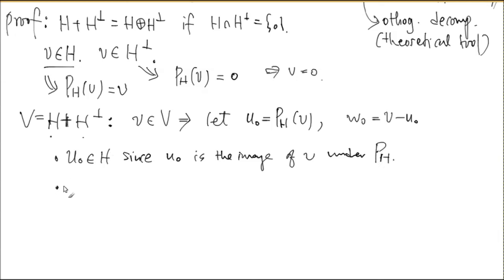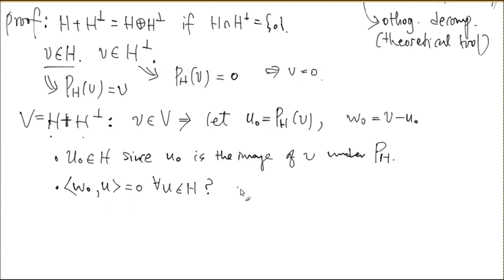How about the other one? Why is this W0 in H perp? If it came from H perp, it should be orthogonal to everything that is in H, right? That is in question, correct? So let's do that. How do you know that?